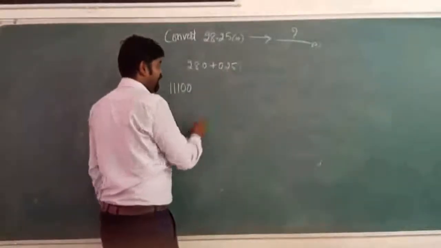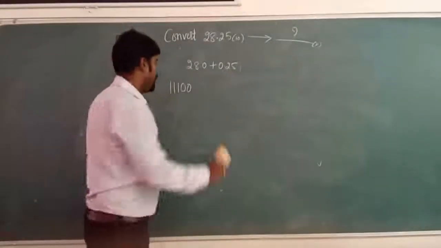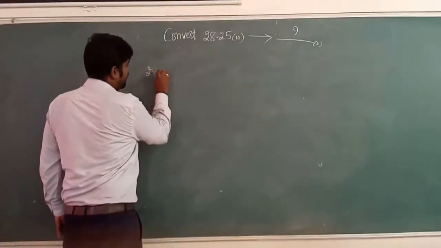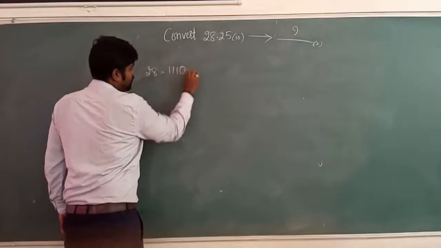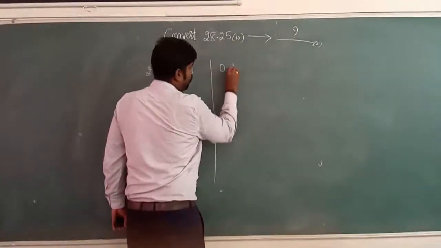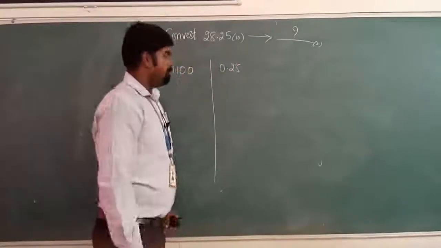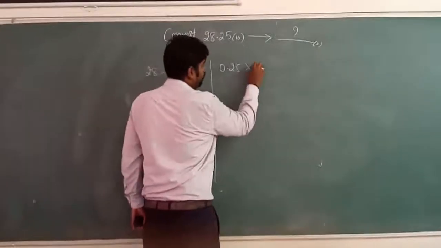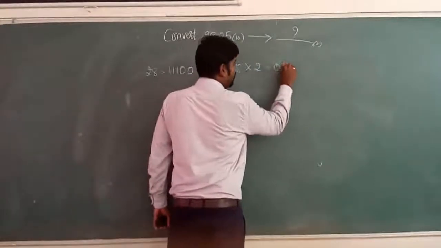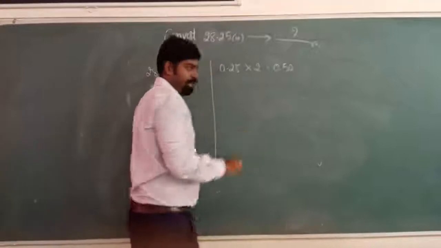Now when I say multiplying, let us keep this apart. The binary equivalent of 28 is 11100. Now 0.25, multiply this by 2. What is 0.25 into 2? It is 0.50 or 0.5.